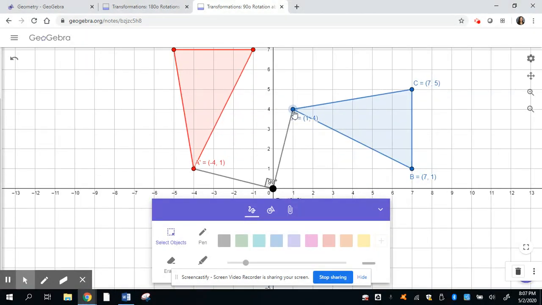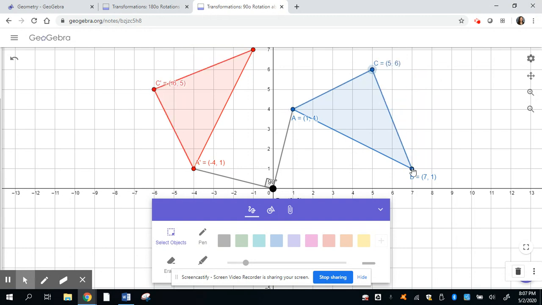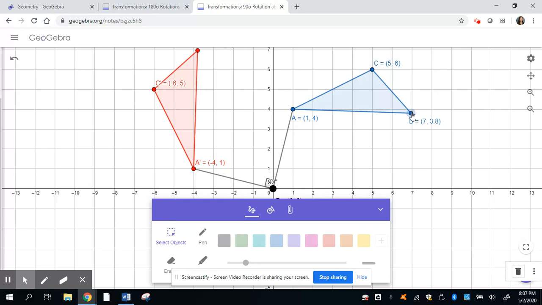And we can see here that P prime is indeed -4 comma 1. So it's kind of fun just using this dynamic software. You know, this is just any random triangle. Just play around and see where items go. And we can use our rule for where x, y gets mapped to with a 90-degree angle. But again, this GeoGebra software really helps us to identify our answer.